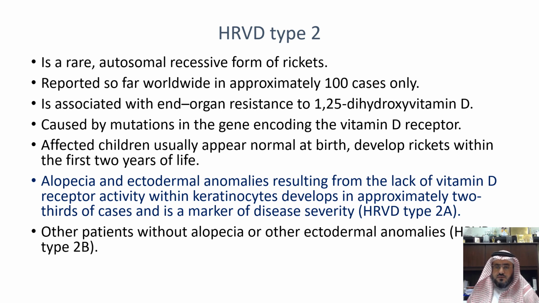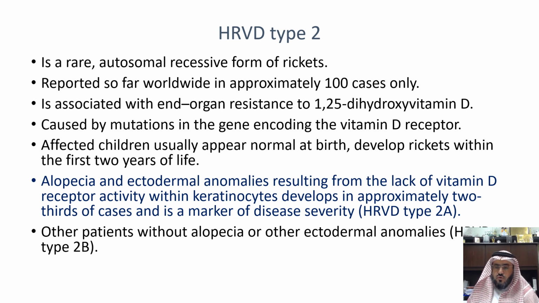Alopecia, resulting from lack of vitamin D receptor activity within the keratinocyte, develops in approximately 2/3 of cases. So 70% of cases of vitamin D resistant rickets have alopecia, but 1/3 don't. So if you have a child with vitamin D resistant rickets with no alopecia, don't say we should have alopecia.